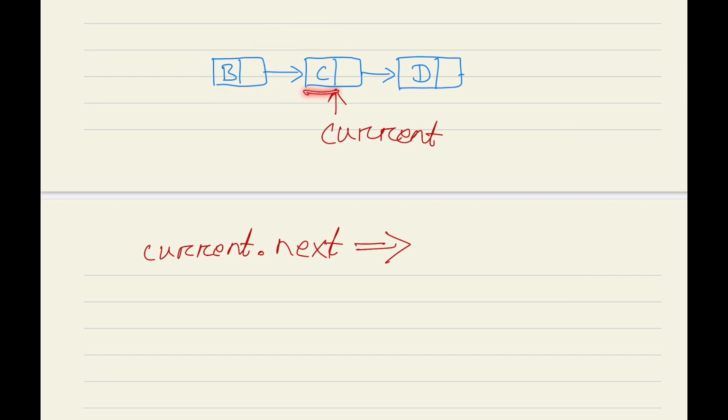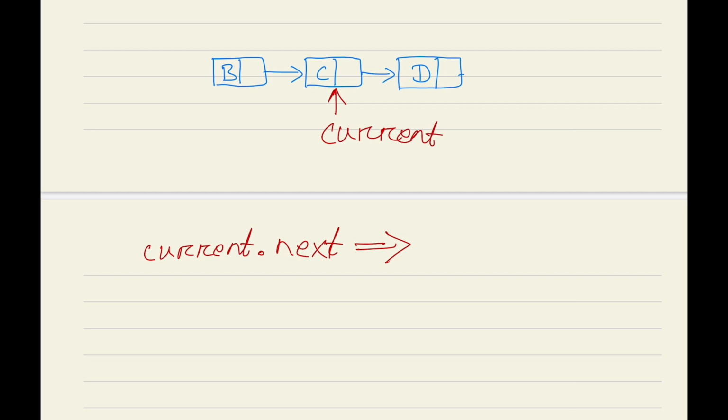In a single linked list the arrow is in forward direction. We know this. We cannot move backward or in the reverse direction. So from C we cannot reach B. For that we need a reference variable that is going to keep track of the previous of the current node.